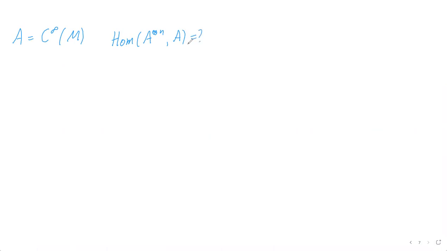In order to somehow tame this complex, people restrict their attention to some subcomplex which lies inside this space. And I think they call it differential cochains.